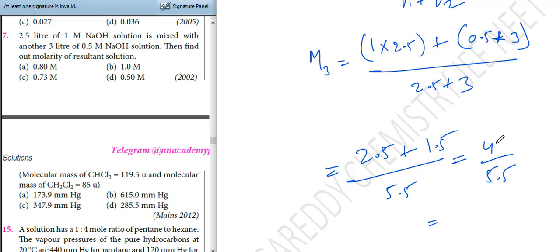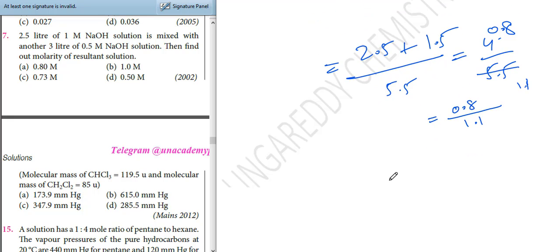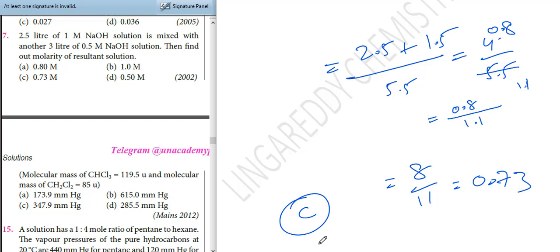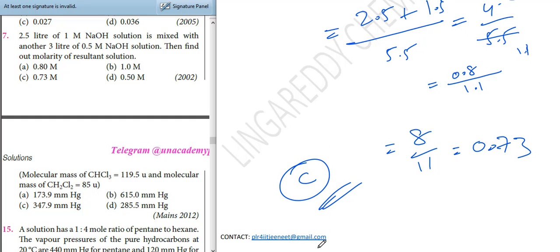You can see here 5.5 is 1.1 times 5, so 0.8 by 1.1, which I can write as 8 by 11. 8 by 11: 8 by 10 would be 0.8, but 8 by 11 is approximately 0.73. So your answer is C.